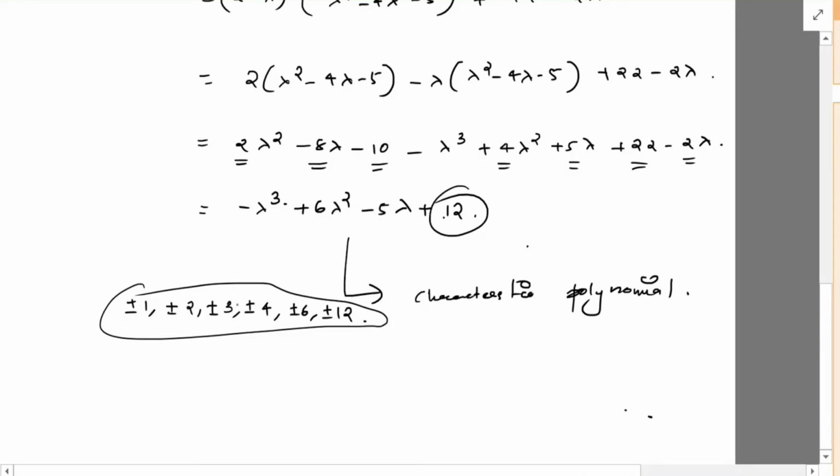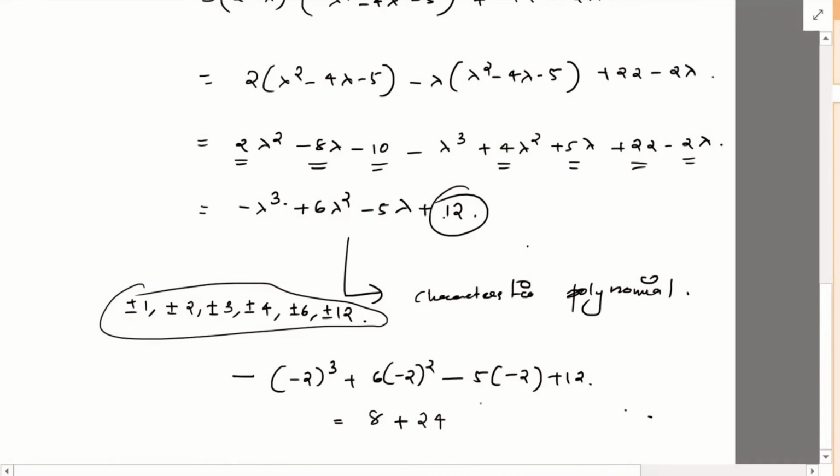What about minus 2? When we substitute, we will get minus of minus 2 cube plus 6 into minus 2 square minus 5 into minus 2 plus 12. So that is equal to minus 2 cube means minus 8. So minus of minus 8, that is plus 8. 6 into 4, that is 24.